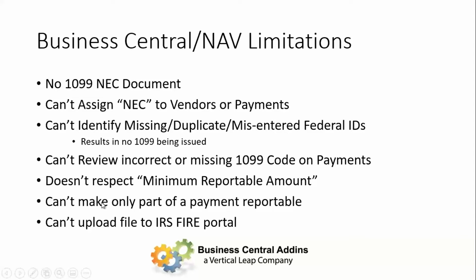Another problem that you have today is you can't make only part of a payment reportable. So reportable information on a 1099 is a labor portion. You shouldn't have to report material or shipping and handling. Those aren't reportable amounts. But in NAV and Business Central, the entire invoice is marked as reportable.